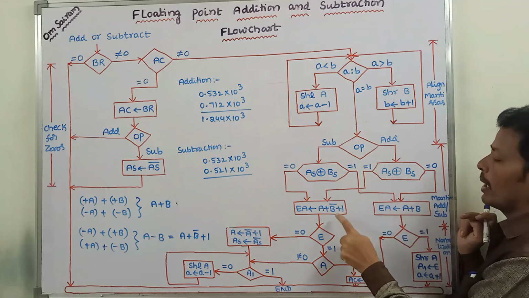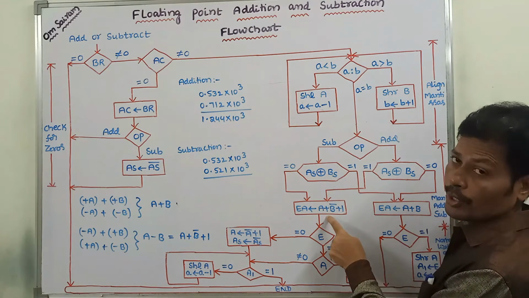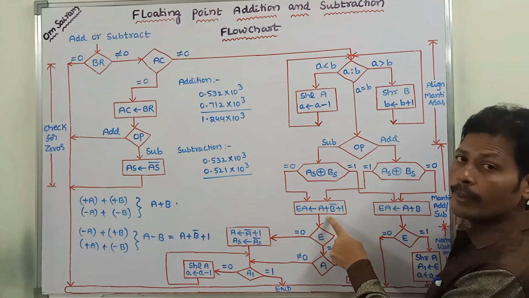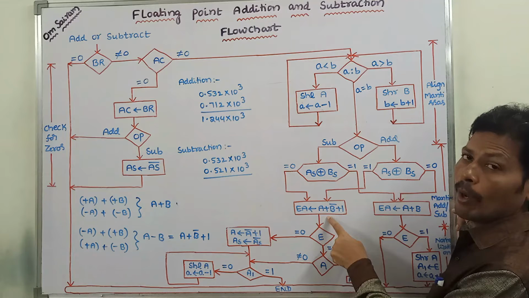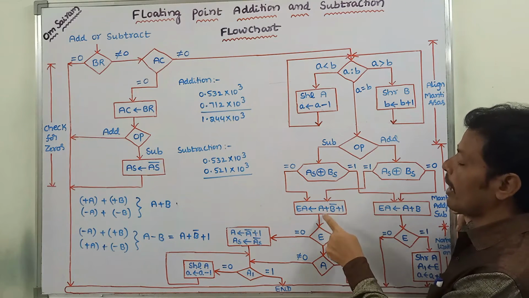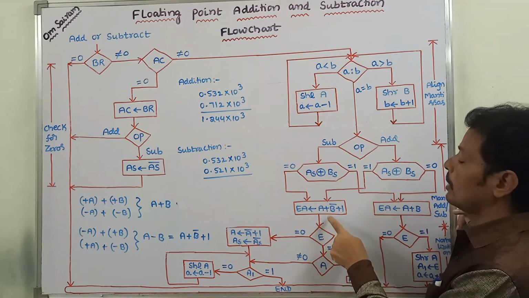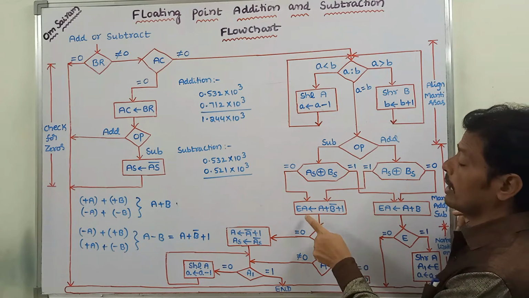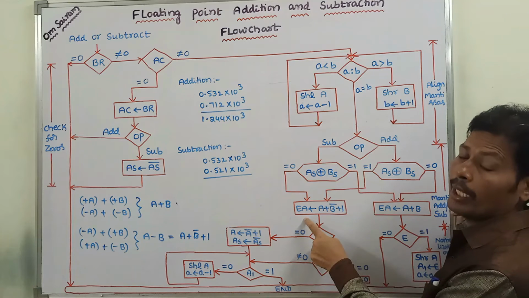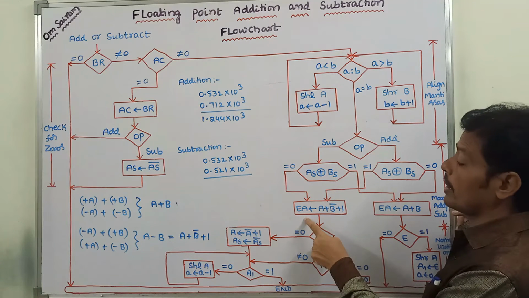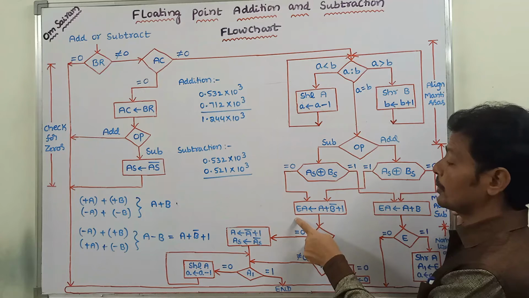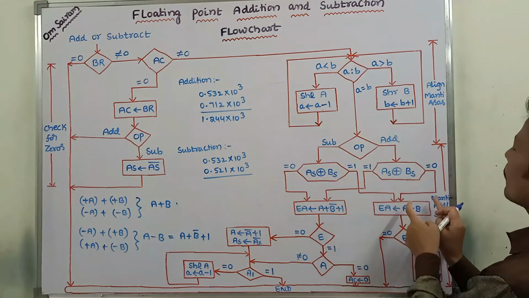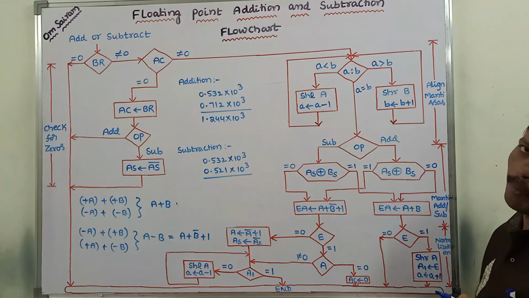At that time, we are performing the subtraction operation by taking the 2's complement of B. After taking the 2's complement of B, that can be added with A. Whatever result we are getting, that result can be transferred to A. If any carry bit is generated, that can be transferred to the extended flip-flop E. In this way, we have to perform the addition operation.